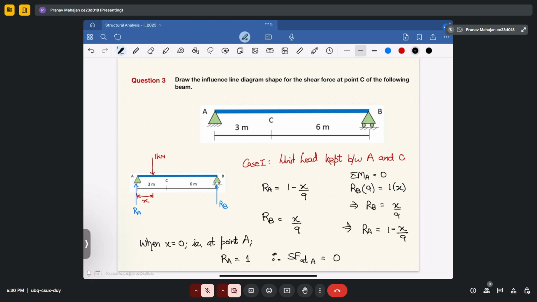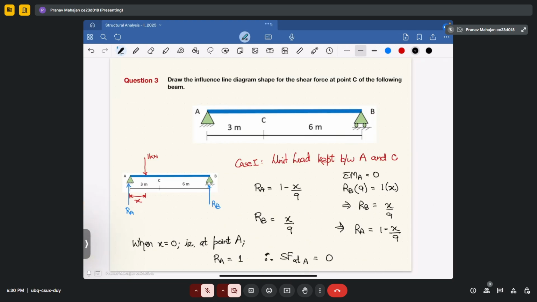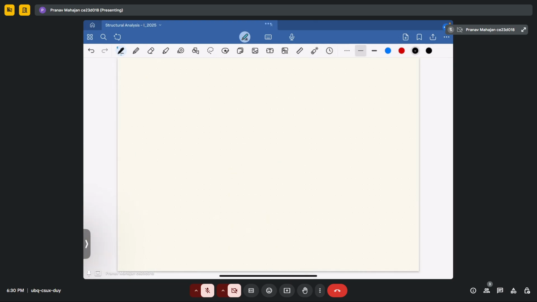So that's why your shear force at A will be equal to 0. So let's take another point. When your H is equal to 3, that means at point C, what will become your reaction force at A?